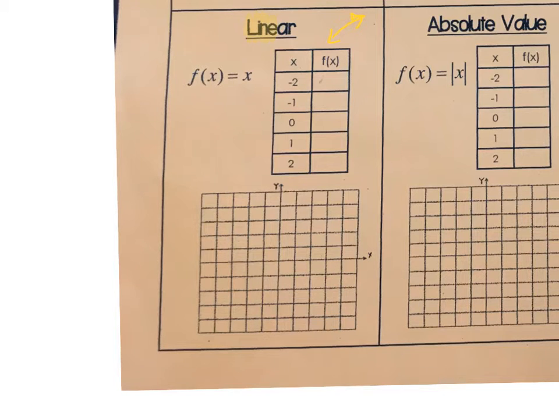So let's see what's going on. This function here is telling me that whatever my x is, it's going to come out as y. So these are just going to come out as the same. And then I'm going to plot those points on my graph.